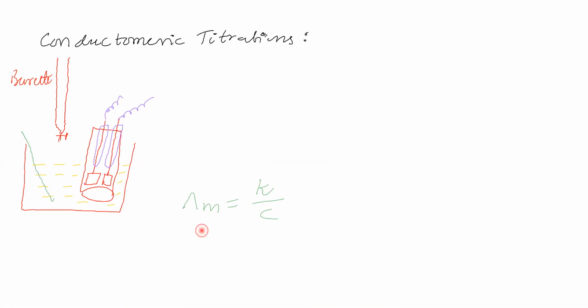It is called molar conductivity. This kappa we can get from here, the concentration is this one, and we get the molar conductivity. So we got molar conductivity, okay.